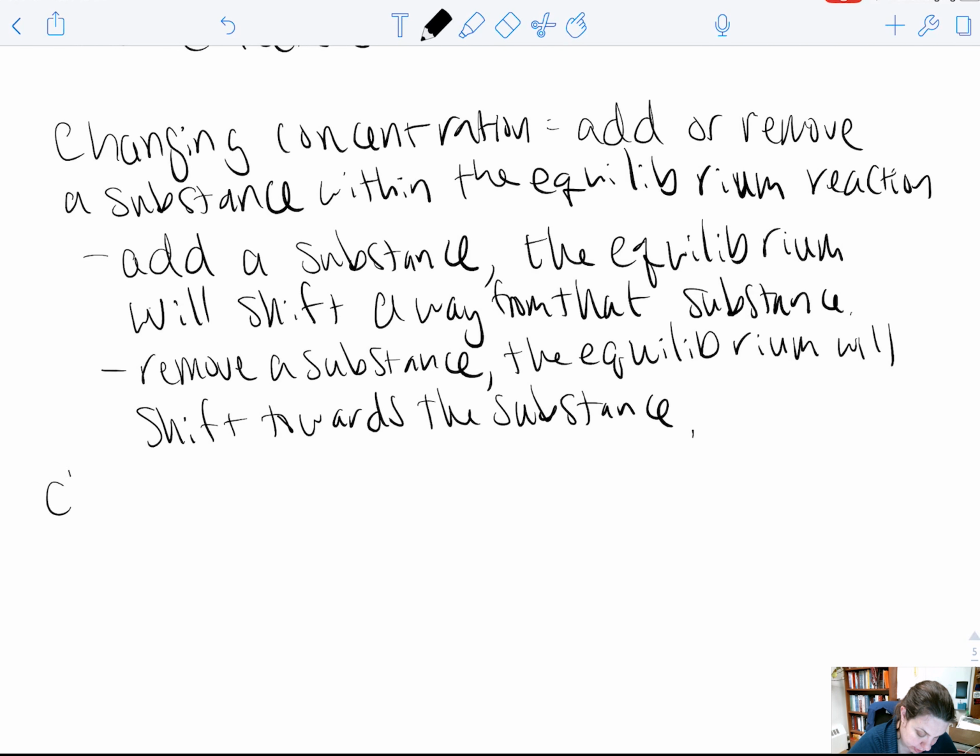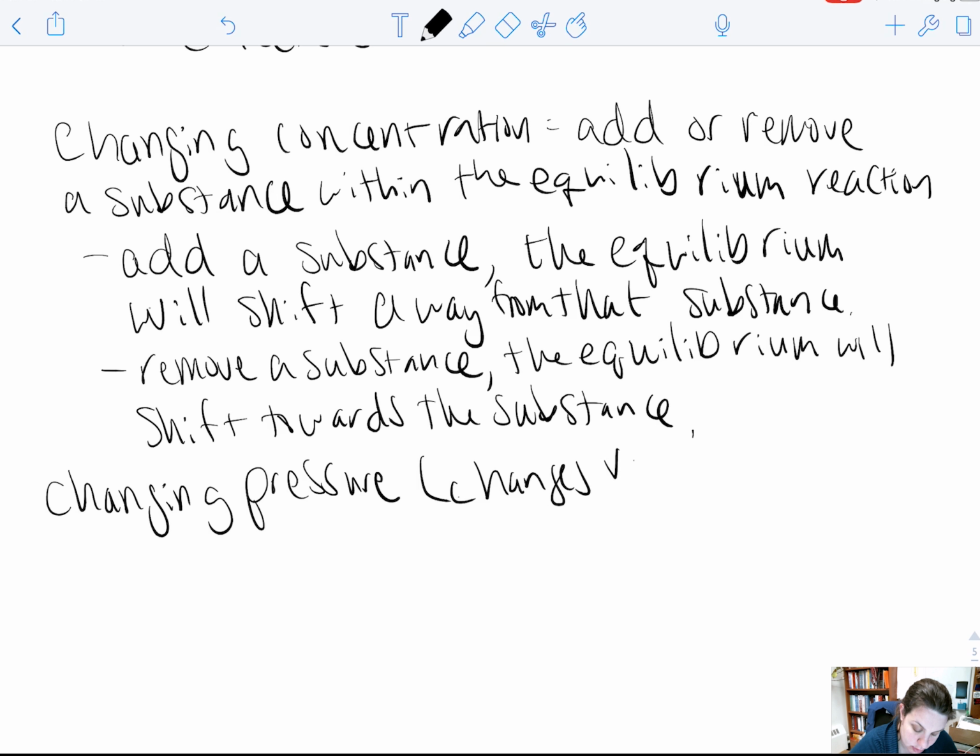Changing our pressure. When we do this, we change volume. Right? If we increase pressure, we decrease volume, and vice versa.